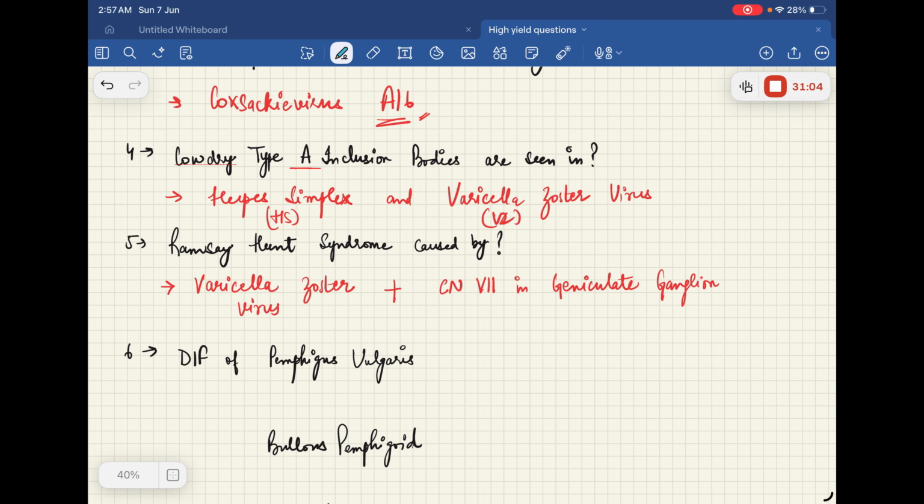We will discuss this syndrome later as well in detail. Just remember for now that it occurs by activation or infection of varicella zoster virus, or involvement of the facial nerve in the geniculate ganglion.